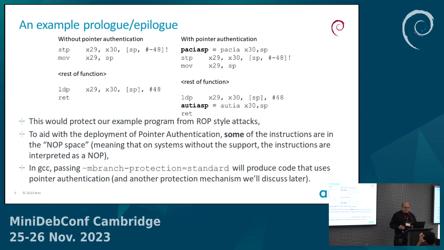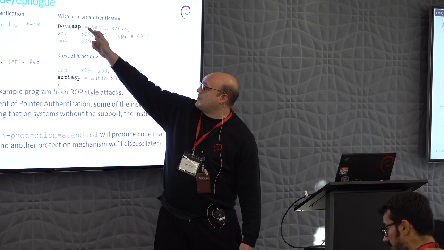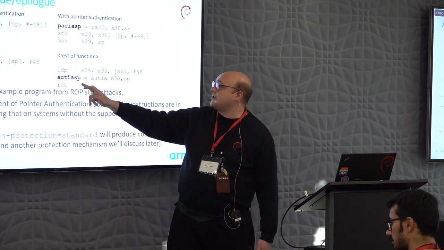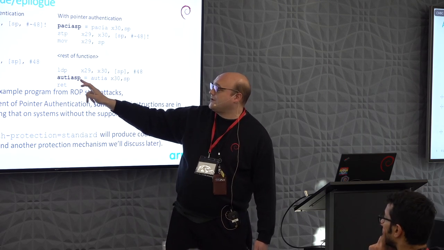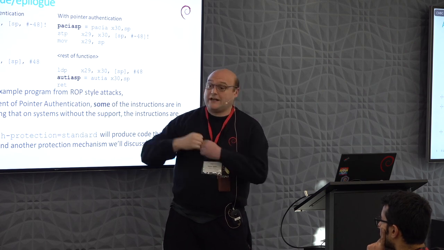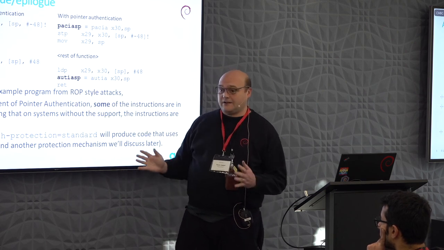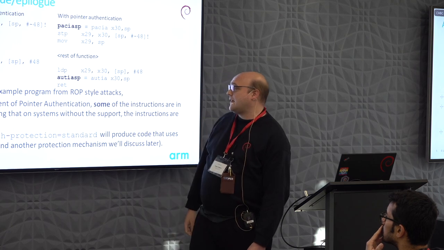So what we do is we have some extra instructions in ARM. I won't go through a list of instructions. They are documented, and the compiler understands this. So in this program, what we have is, as I alluded to before, the signing instruction and the authentication instruction. And if this authentication fails, this return statement will just go haywire and everything will crash in hopefully quite close to where the attack happened.